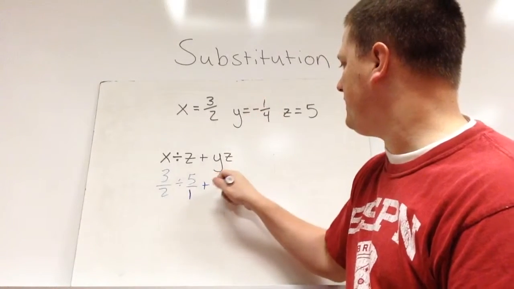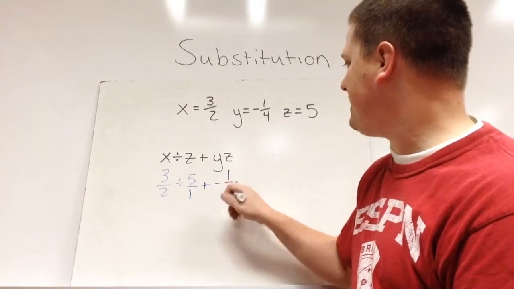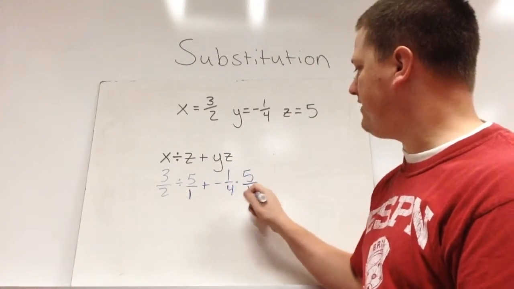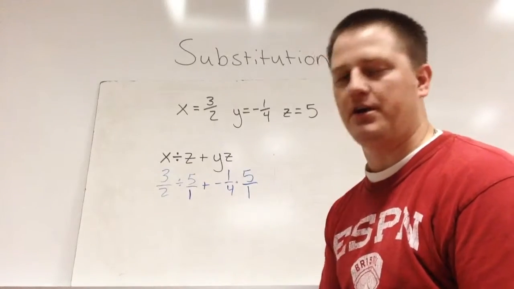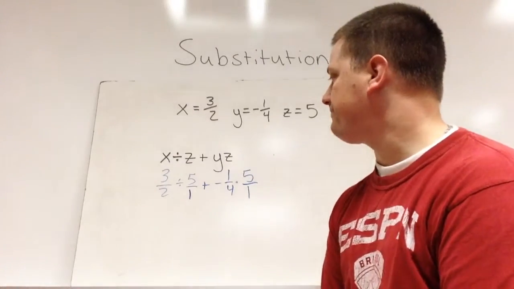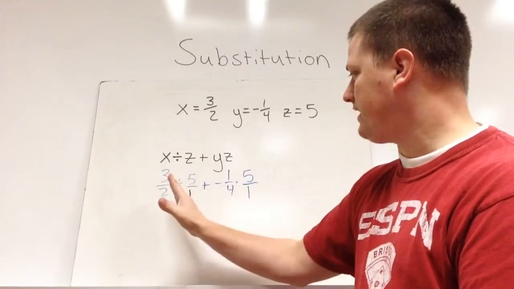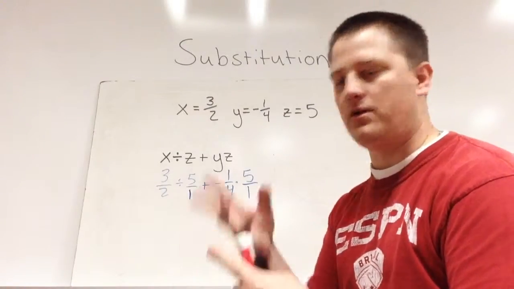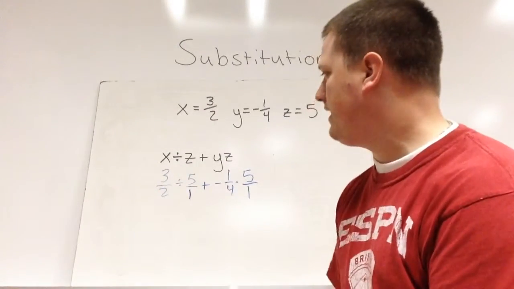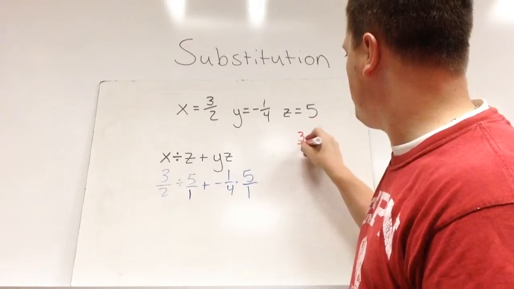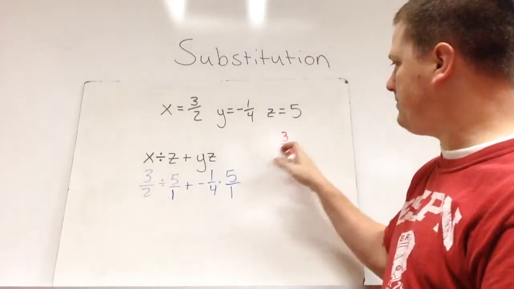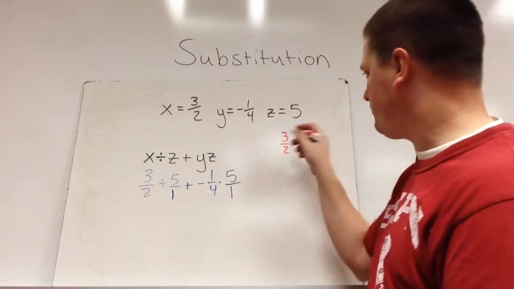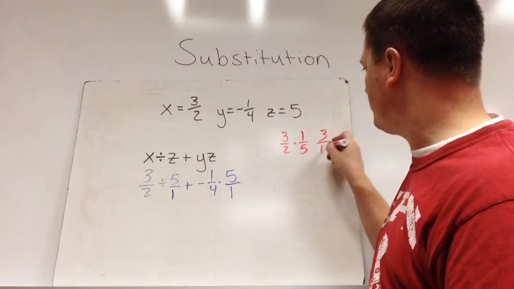Plus y, which is negative 1/4, times z, which is 5. And again, I would make that 5 a fraction, just so that everything's a fraction, and we're using the same rules the whole time. So, in this problem, it looks like division is on the left, so we've got to do that before we multiply. No parentheses, no exponents, go straight into multiply, divide. So, that's going to be 3 over 2 times, change to multiplication, flip to 1 over 5, and then we actually do the math. It's going to give us 3 over 10.